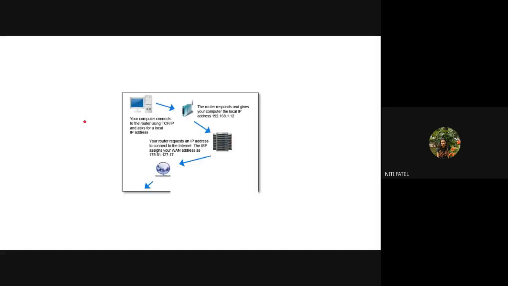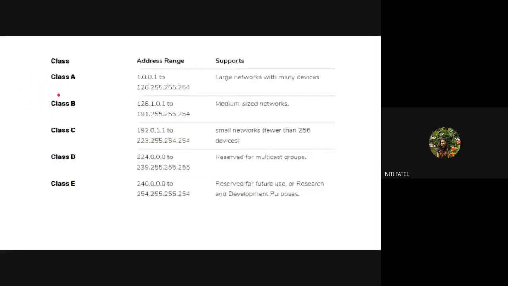Then we have two types of IP addresses also, IPv4 and IPv6. IPv4 is of 32 bits and IPv6 is of 128 bits. What are these two? Like how we have different classes which give you the IP address, now these IP addresses are of two types. They are either IPv4 type or IPv6 type.